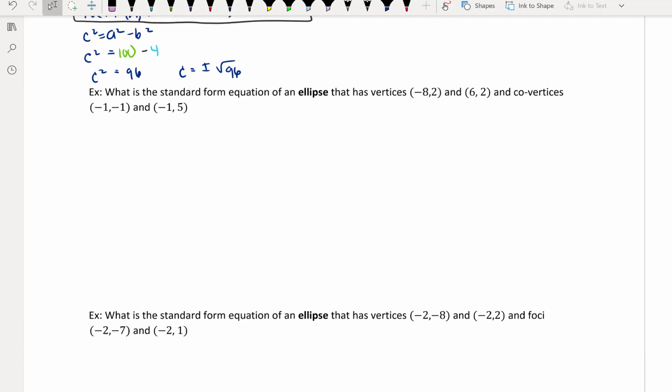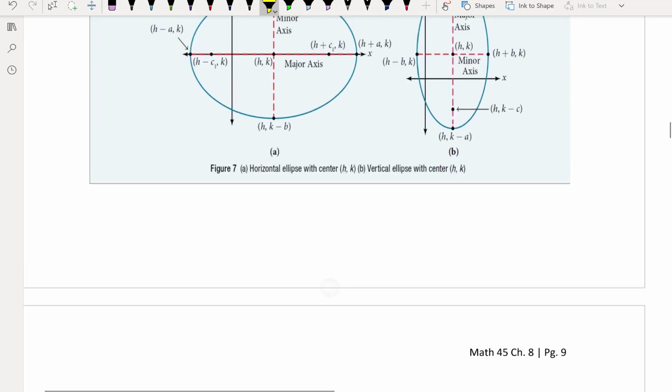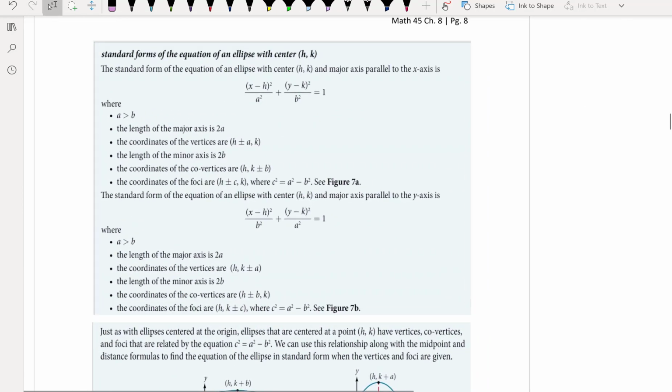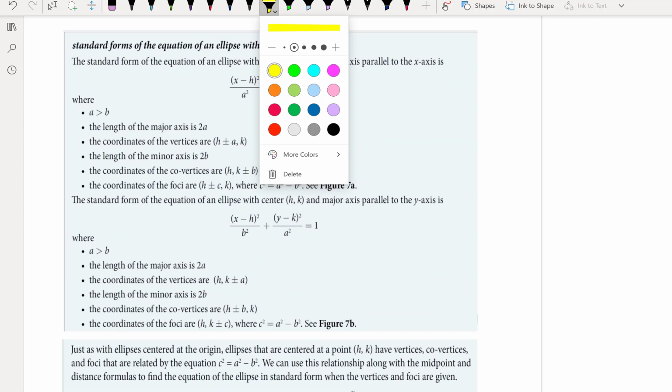So when I look at this, I can see something that's going to help me here. I have my vertices. And what's really cool about this is that the second ordered pair is the one that is fixed. So I'm going to scroll up to where I would be referencing. I want to make sure that I'm looking at my vertices where that second value is fixed. So not the x, but the y value, okay? So let's go back over here and think about this. Here are my vertices.